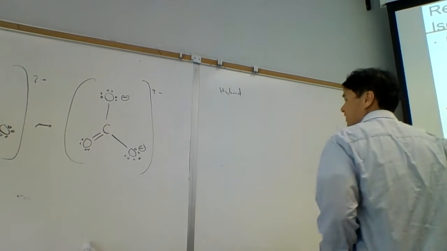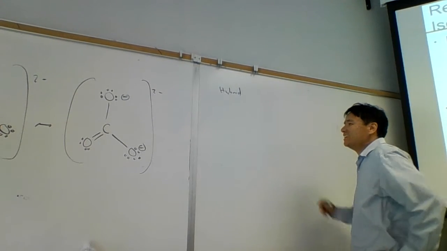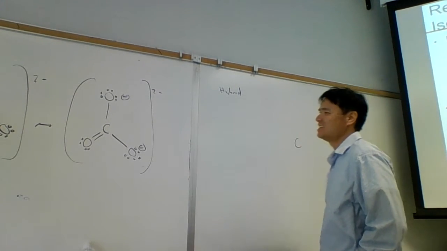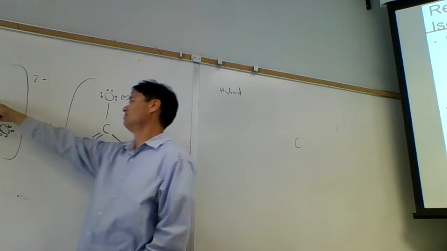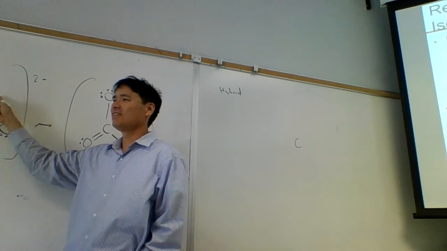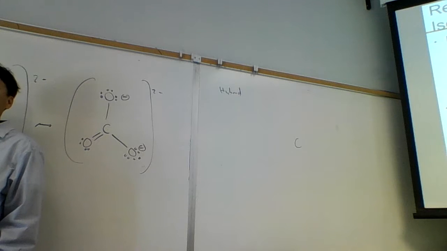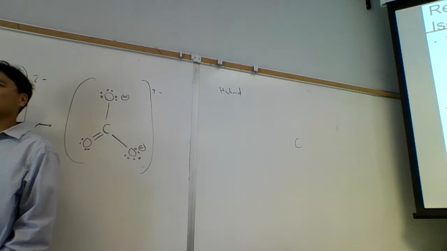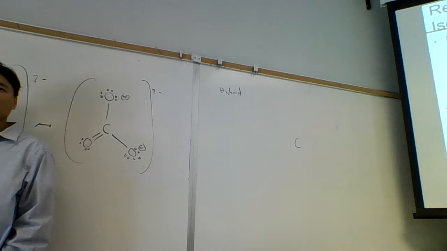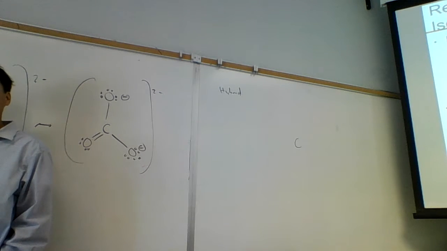And so for the hybrid, is it a single bond? No. Is it a double bond? No, this top one I'm talking about. No. This top one is between a single bond and a double bond. So if we average a double and two singles, what do we get?